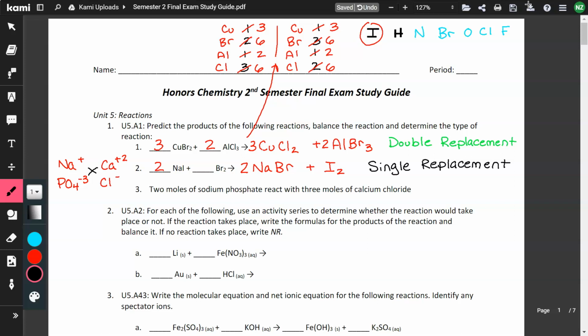So 2 moles of sodium phosphate, so I would write that out like this. So sodium phosphate, oof. So I'm going to need 3 sodiums to balance out with that -3 charge. So Na3PO4. Okay, and then we have calcium chloride. So I'm going to need 2 chlorines.